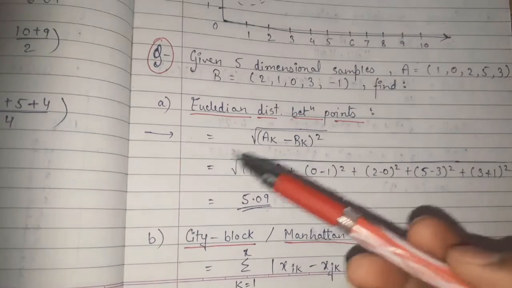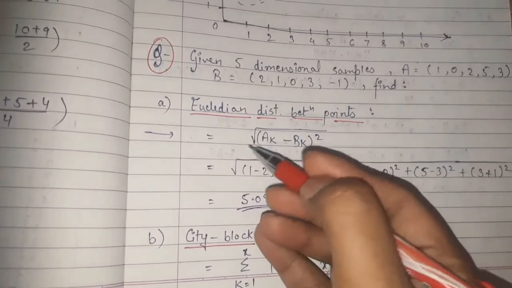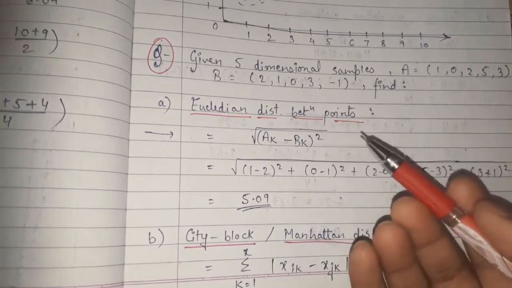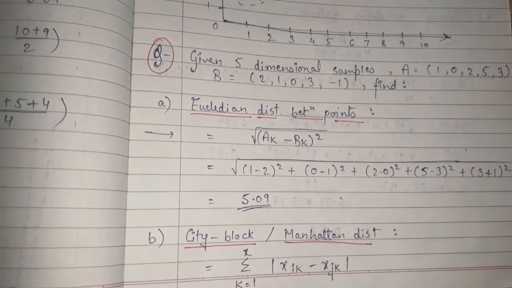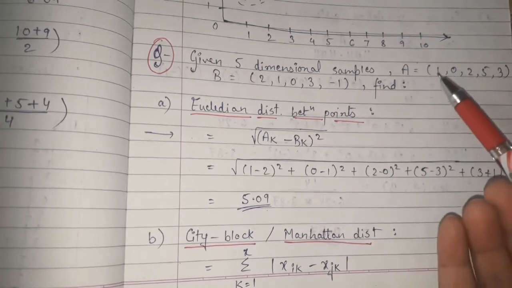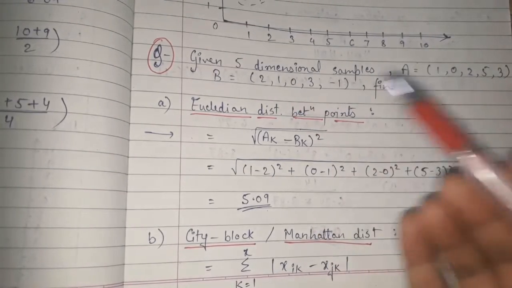Now what is the formula of Euclidean distance? Square root of summation of (A_k minus B_k) whole square. What do we mean by that? We have to find the square root of the squares of the differences between these points: the difference between the first points of both, the second points of both, like this.